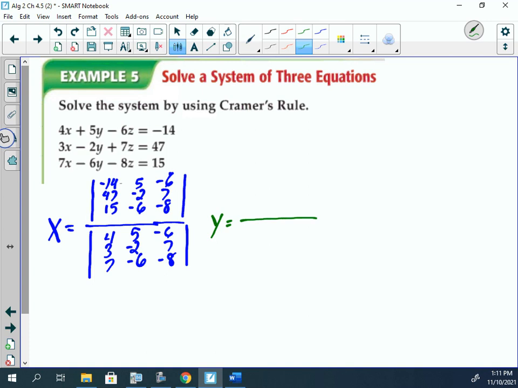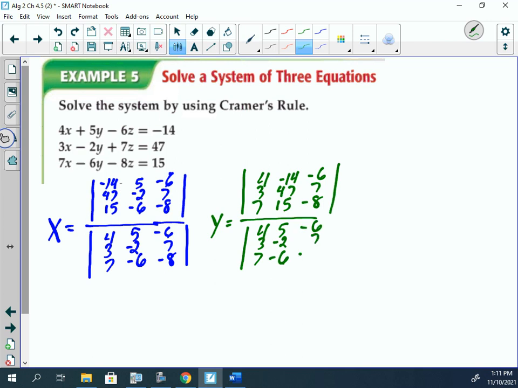We're going to do the same thing for y. -6, 7, -8. See if I can fit z in here.